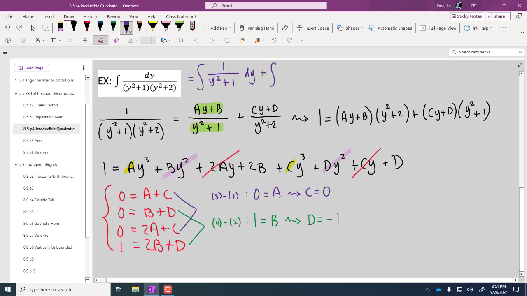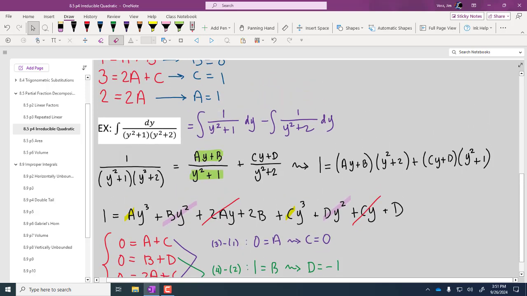Break it into 2 integrals, why not? cy plus d, ooh, that's negative. So if that's negative, we're going to put a negative out in front. 1 over y squared plus 2 dy.